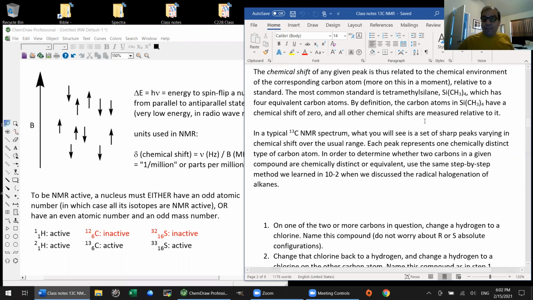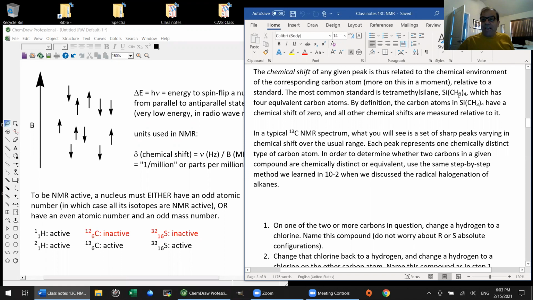The most common standard used is tetramethylsilane, which is essentially a silicon atom with 4 methyl groups. Sometimes they abbreviate it TMS, by the way. As you can see, all 4 carbon atoms are the same. The way we know that is because all 12 hydrogens are the same too.